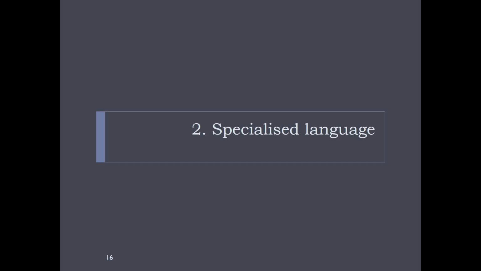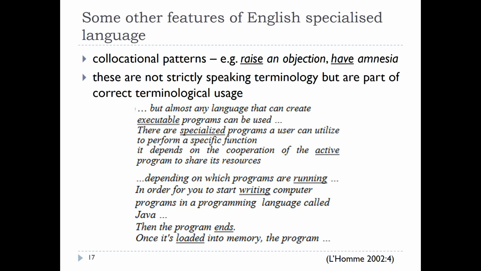Okay, now I'm going to spend a couple of slides talking generally and fairly briefly about specialized language, because as I mentioned at the beginning, there is more to a specialized language than the terminology. Now, first of all, there is the usage of particular terms and words, and this can often be reflected in the collocational patterns that they enter into.